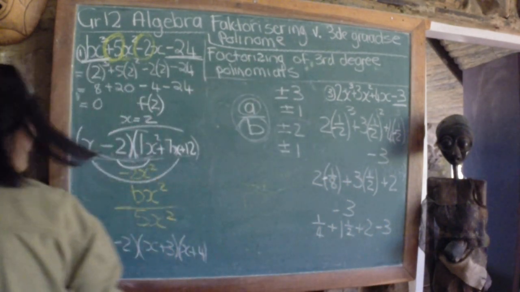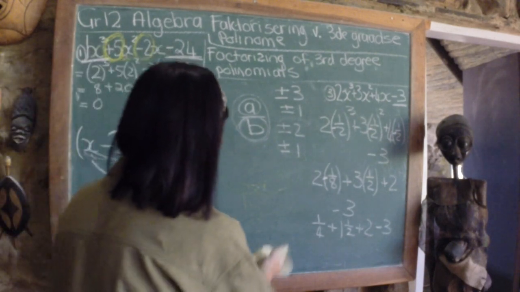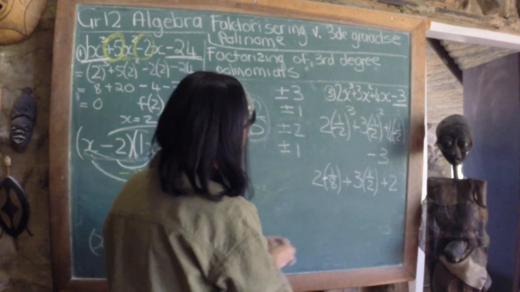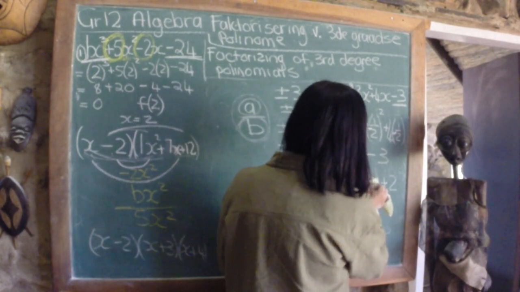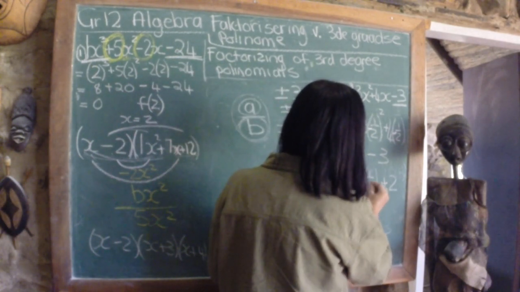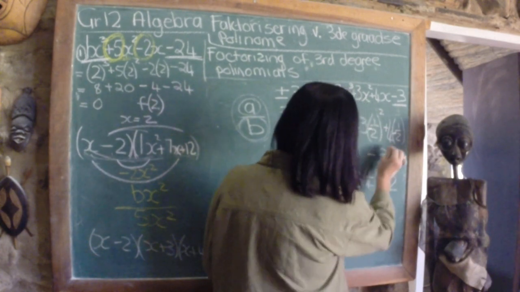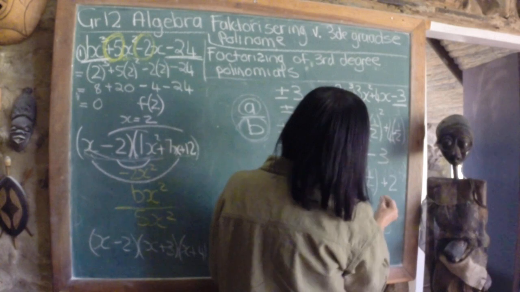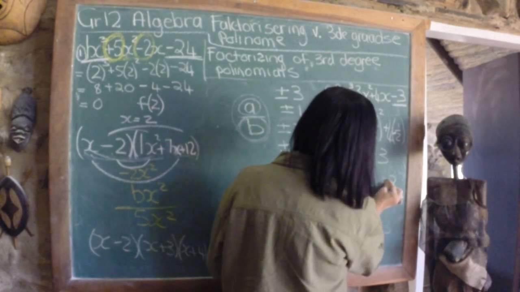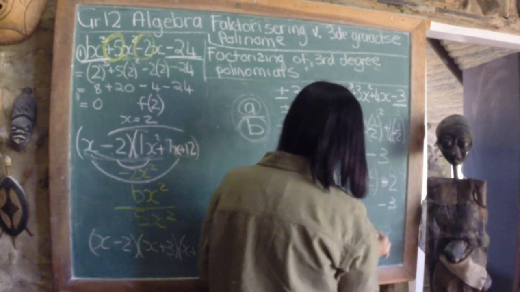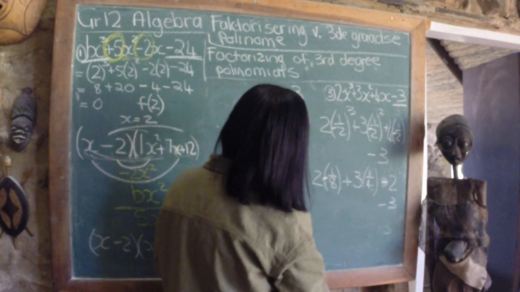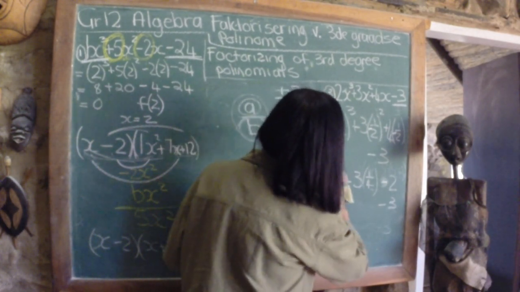And that's going to be a quarter. And this 4 times minus a half is going to be minus 2. Minus 3. Let's see. So now we've got, we must just work it out nicely again.